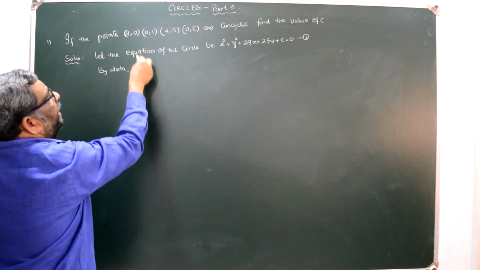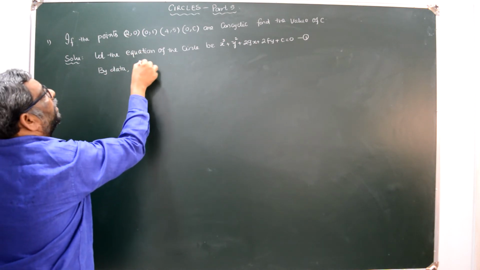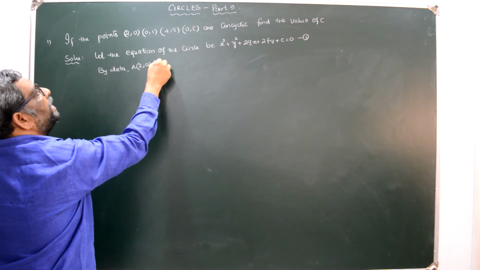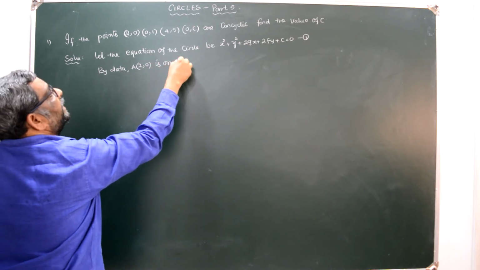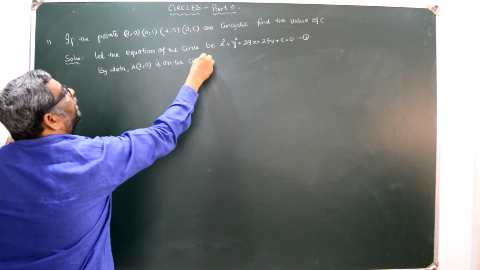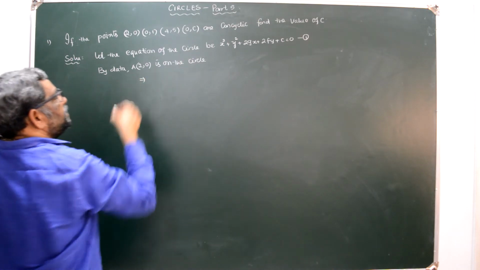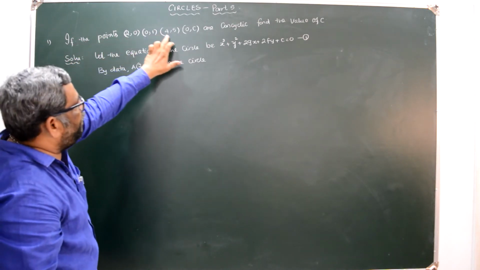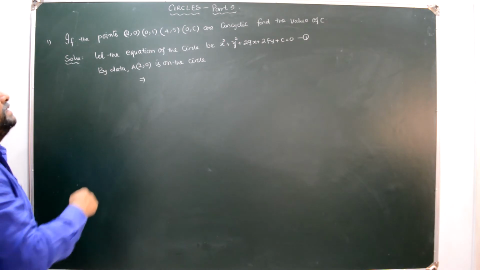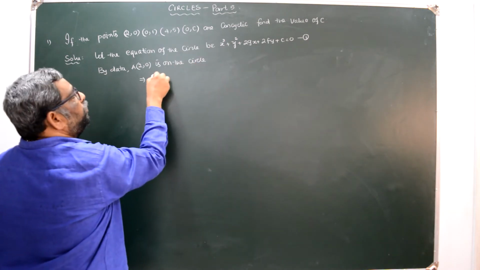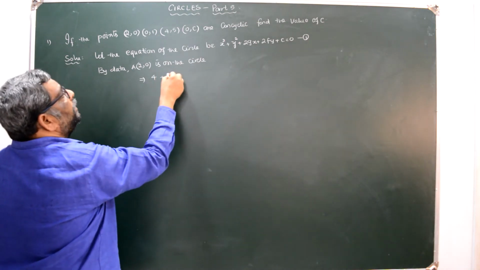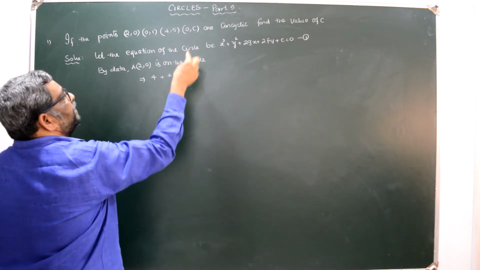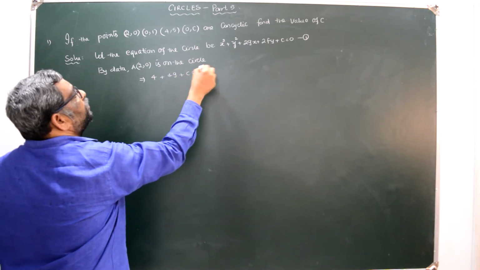By data, A (2, 0) is on the circle. Whenever it is given that the points are concyclic, they will lie on the same circle. So I will substitute here 4 plus 0 plus 4g plus 0 plus c equal to 0.